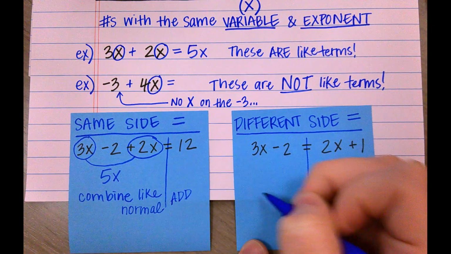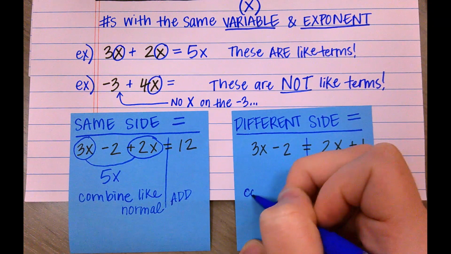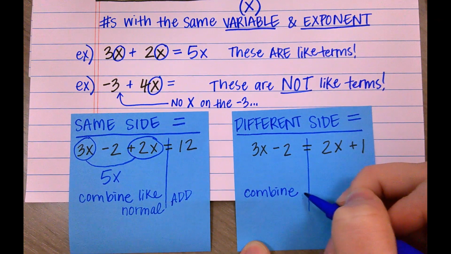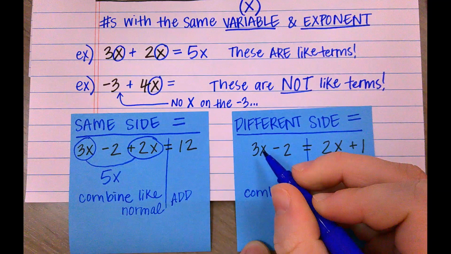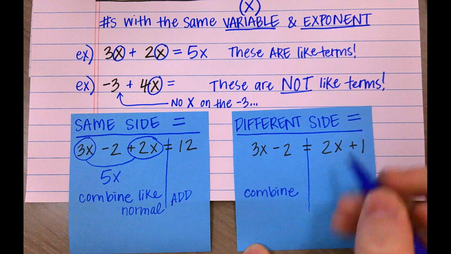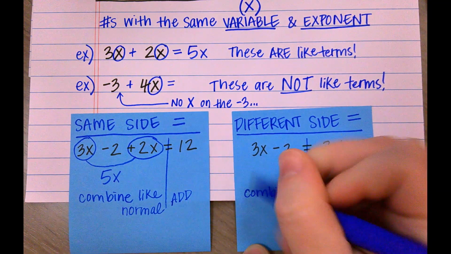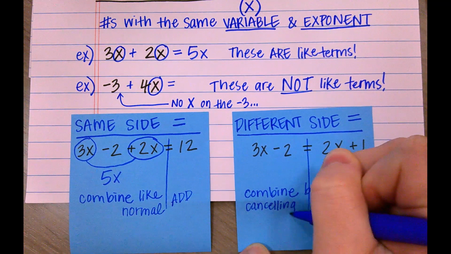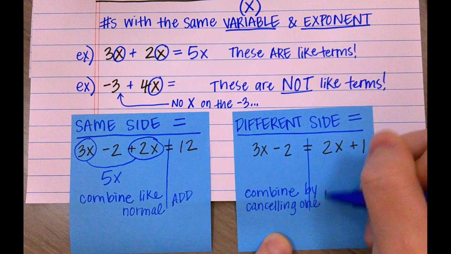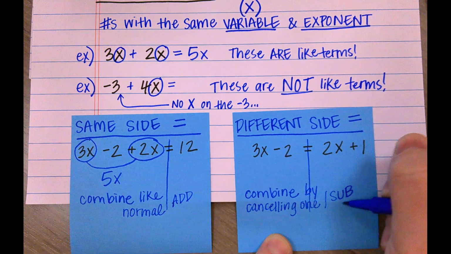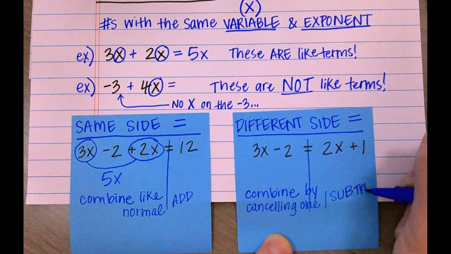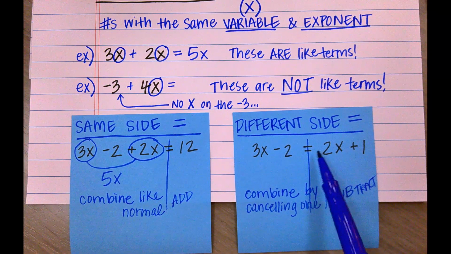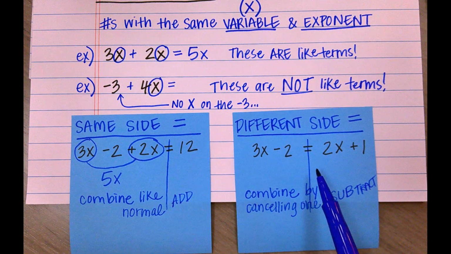So I'm going to say combine by canceling one, basically, subtracting. Unless, of course, this is a negative. Then we would do the opposite of that and add.